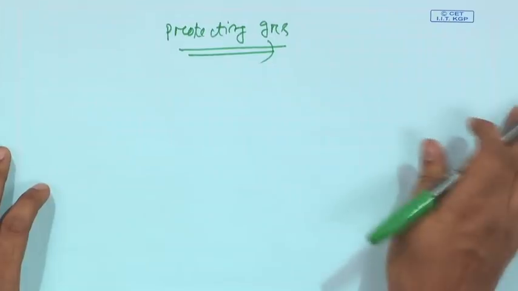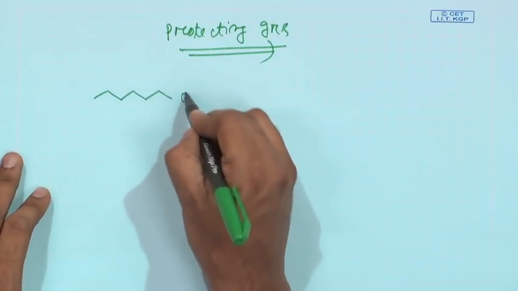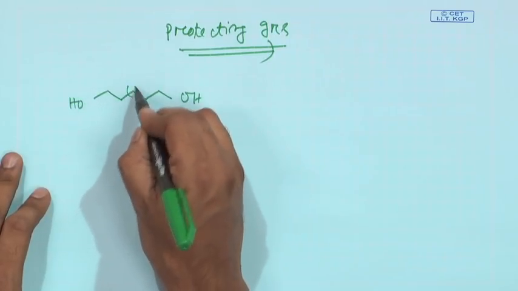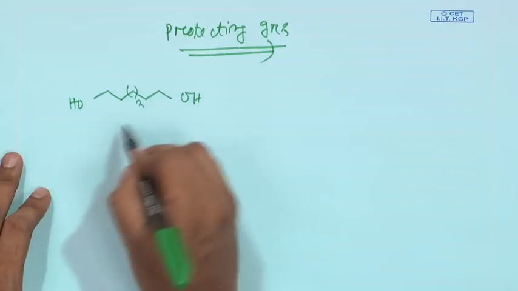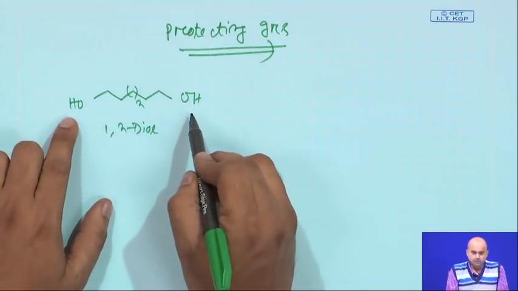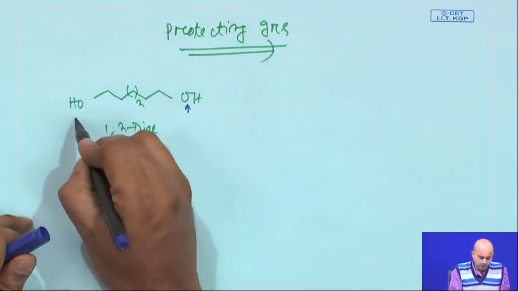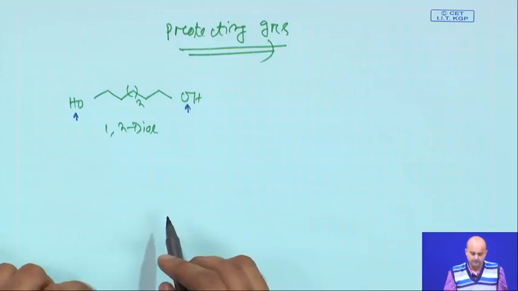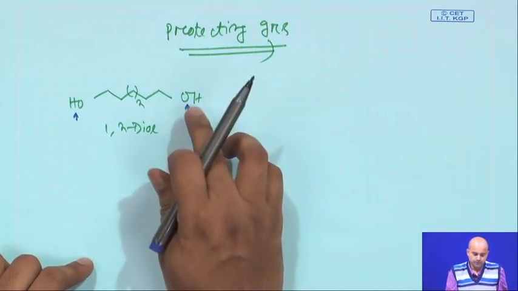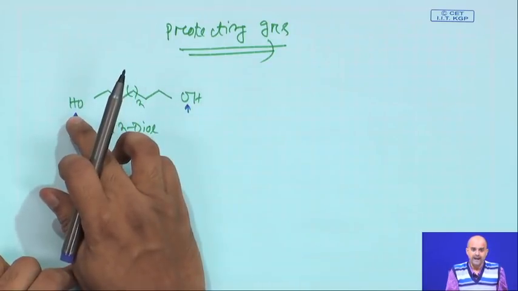In reality, I will give you a compound something like this. Say you have a 1,N-diol, and both the alcohols have similar reactivity, because both are primary alcohols, but selectively you want to use an FGI on this end while keeping this end intact.